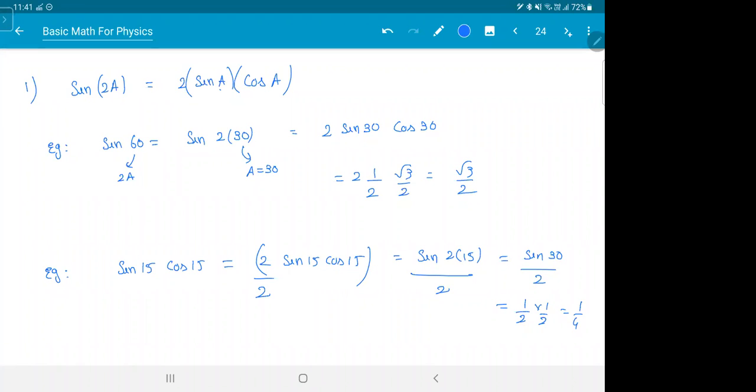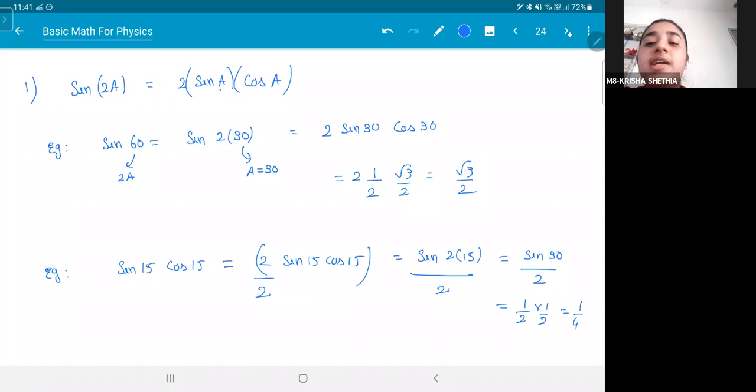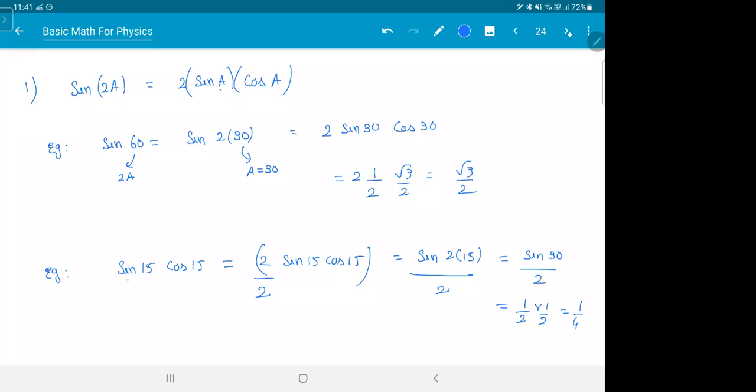Does this make sense? Sir, I didn't understand the second. See, the question is find sine 15 cos 15. Multiply and divide by 2. Why am I doing that?